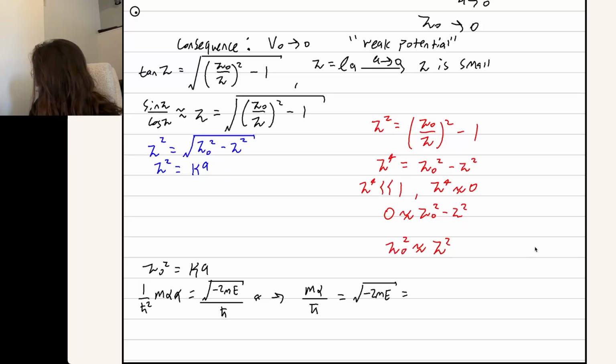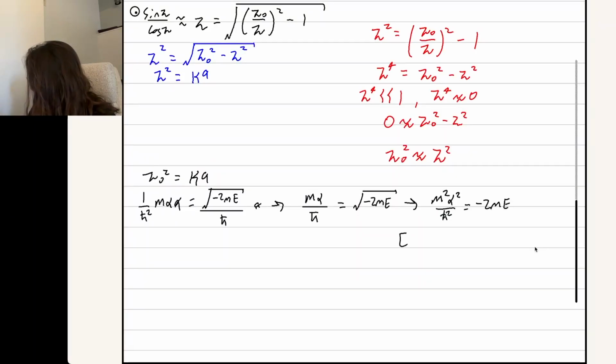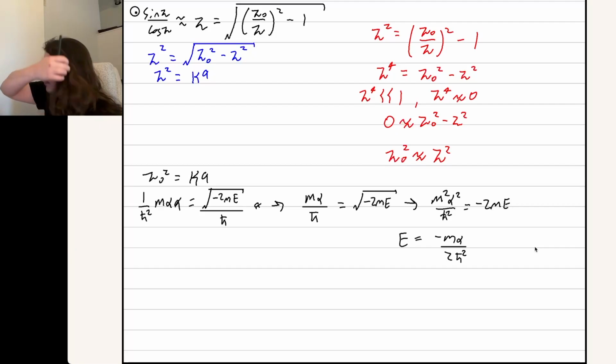Now we have m squared alpha squared over h bar squared equals minus 2mE, and then the m's on either side cancel out, and we have that E is just minus m alpha squared over 2 h bar squared, which is the same as the result for the bound state energy for the delta function potential.